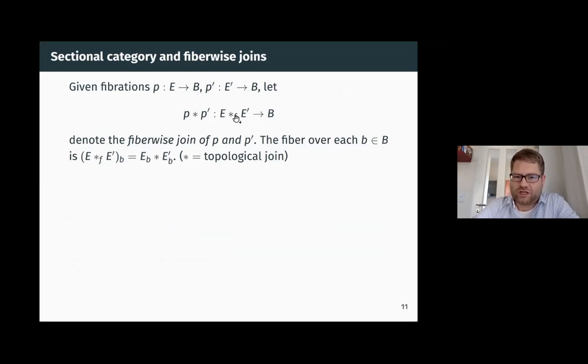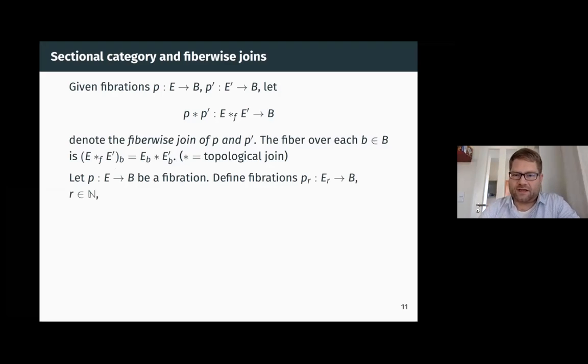This is again a fibration over the same base space, and this space has, over each point in B, the join of the two fibers of the individual fibrations that we had before. So this topological join of these spaces gives the new fibration. This is one of the main things underlying here.